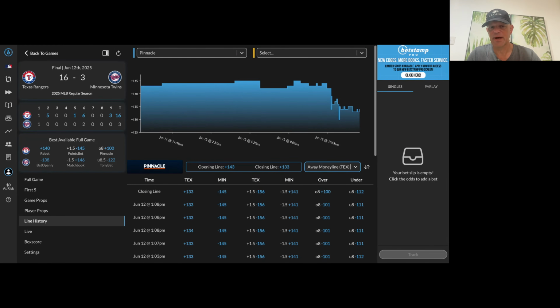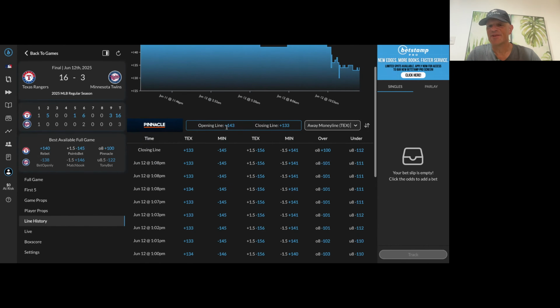This is a great app, by the way, and they show Pinnacle line movement. And look at the opening line for Texas at Pinnacle. It opened at plus 143. If you go back and remember, the generic line for Texas was plus 145. So we want to look at the opening line of the generic book so that it's easier to see the dispersion between the opening line and the closing line.